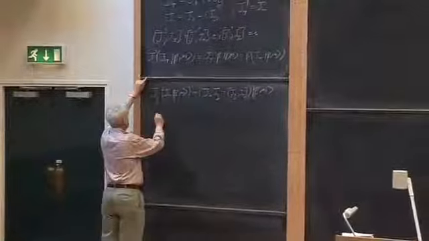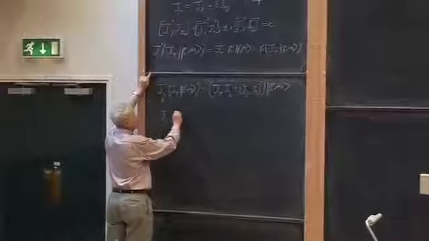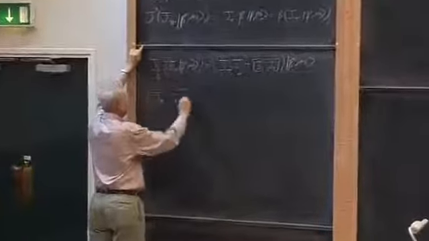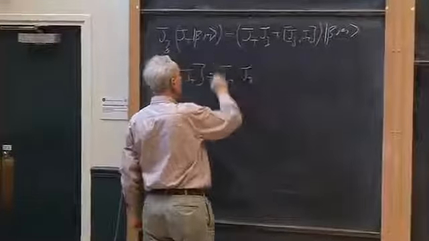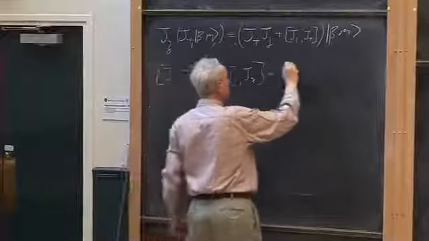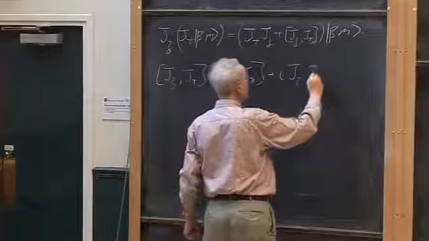All right, so what is Jz comma J plus? Well, it's Jz comma Jx plus I Jz comma Jy.